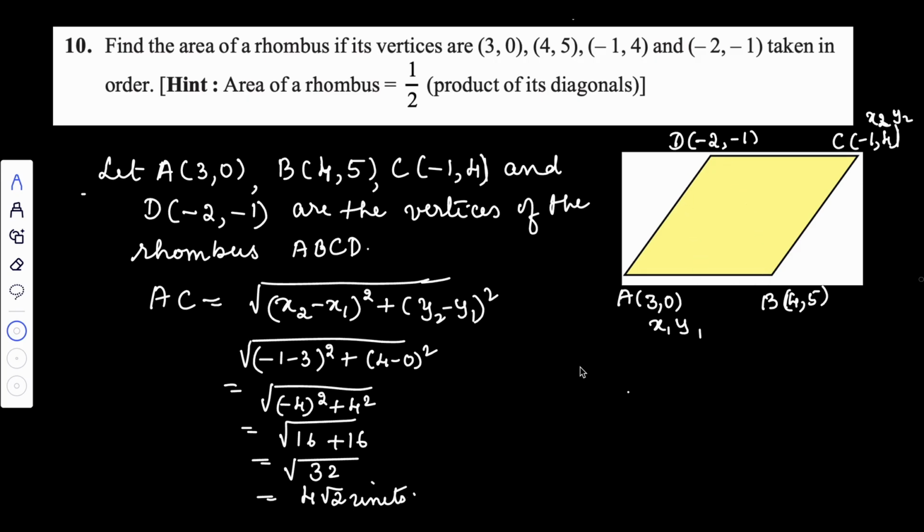Next we want to find out BD. Here this is x1 and y1, B is x2, y2, I'll take it.